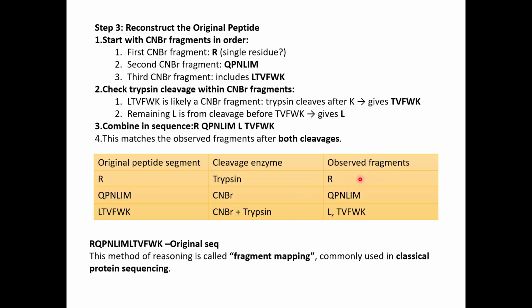So we have the R fragment that is observed, and then we have the M end that is by the cyanogen bromide. Then we have this fragment, which is due to both cyanogen bromide and trypsin cleavage. Therefore the original sequence must be your R first, then your cyanogen bromide cleaved fragment, and then this fragment. This method is called fragment mapping, and it is a classical protein sequencing method.